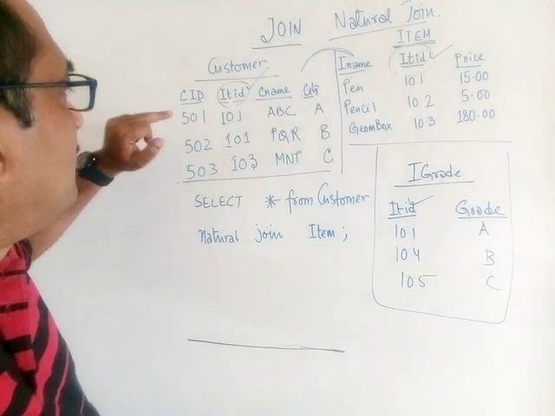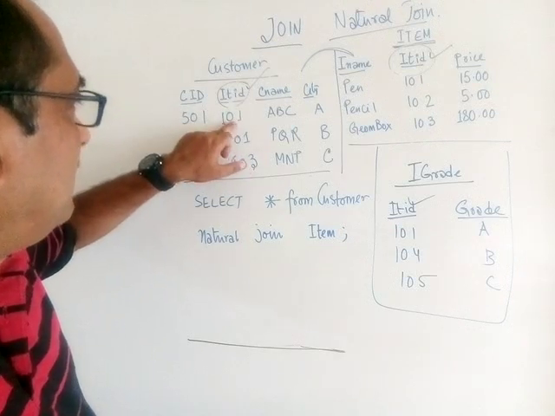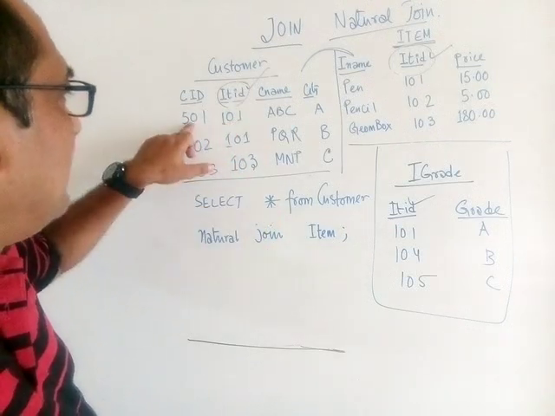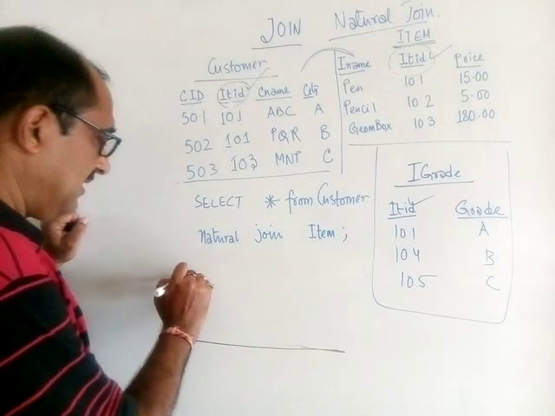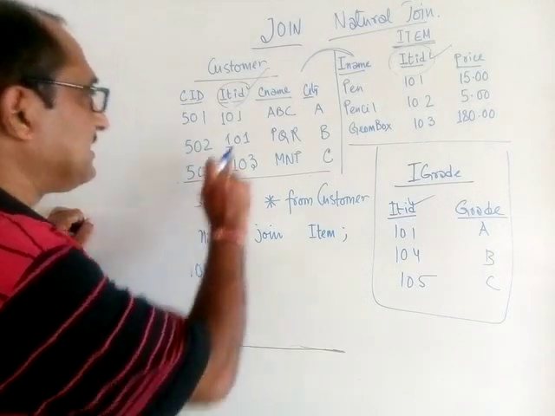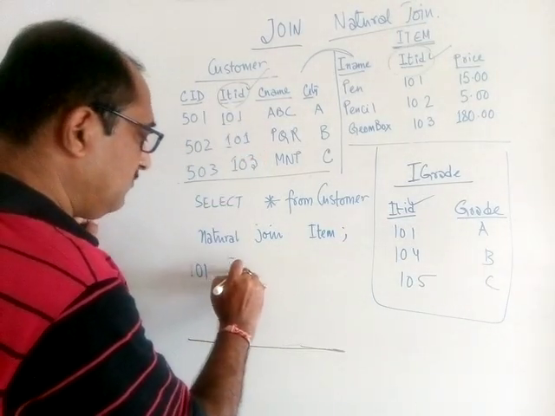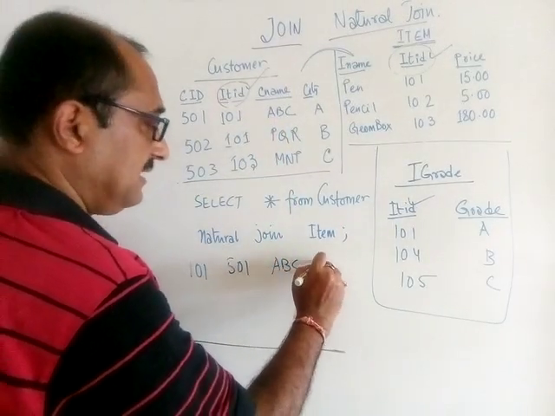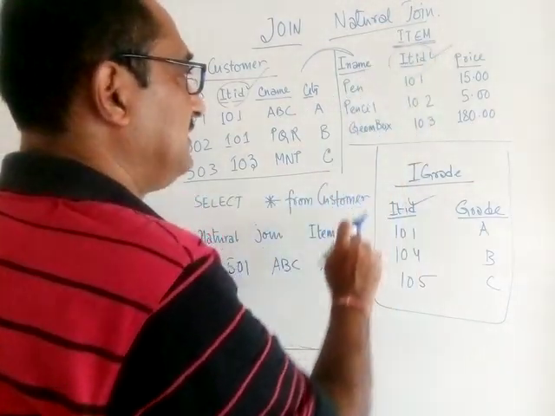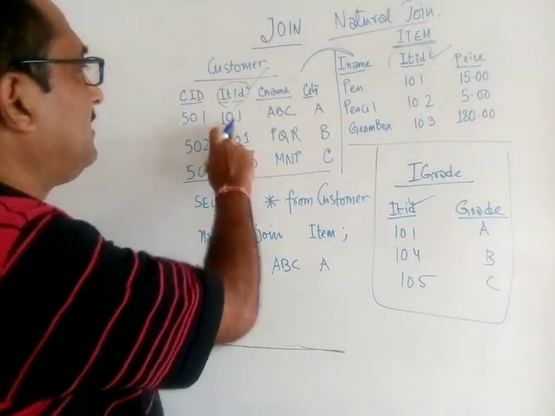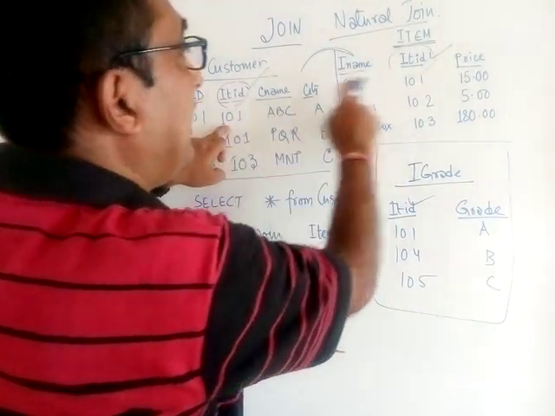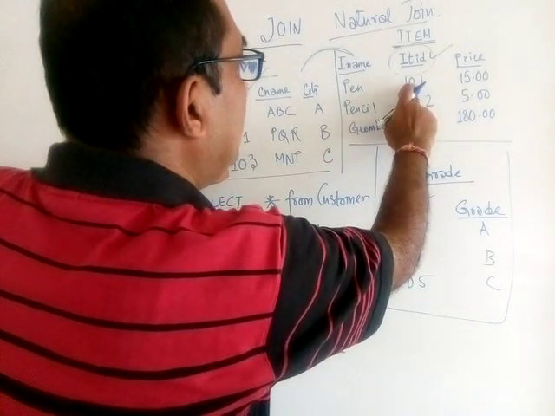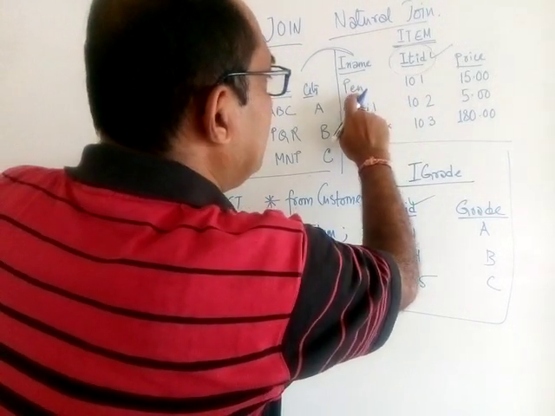That means the first record will be 101. I said all the fields, so 501, 101 will come first, okay, as ITID. Then 501, then the customer name ABC, then the city, and then the other fields. Because this 101, if you see, item ID 101 belongs to this particular record.